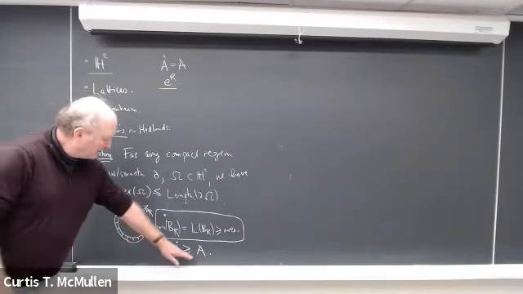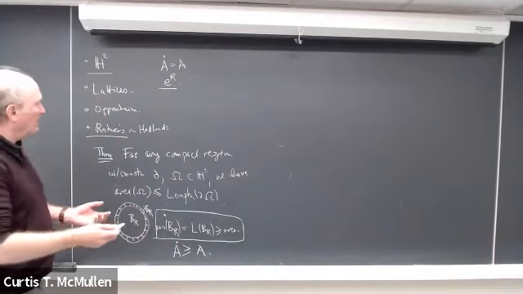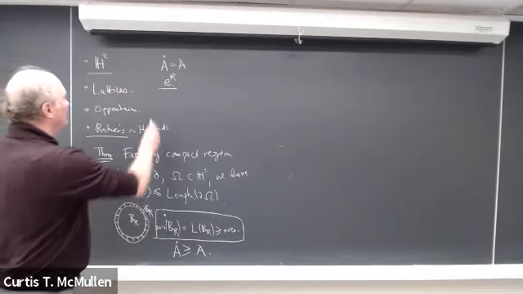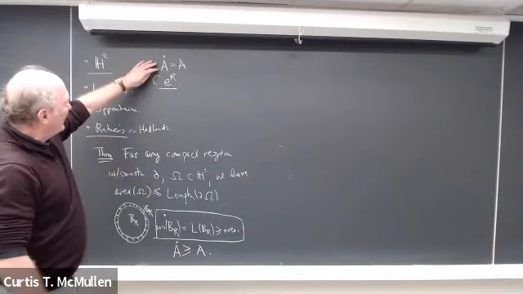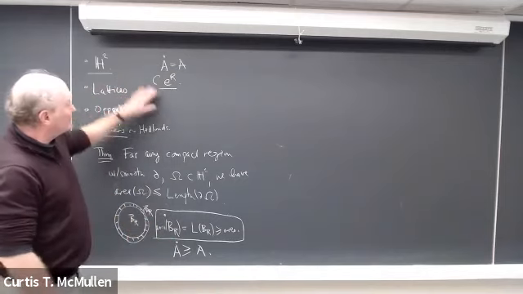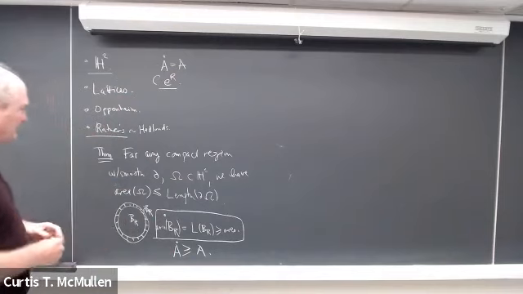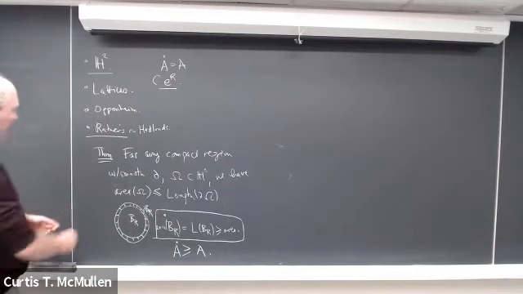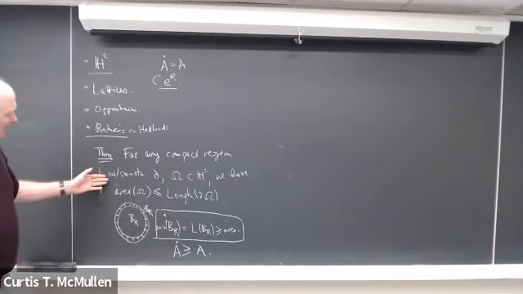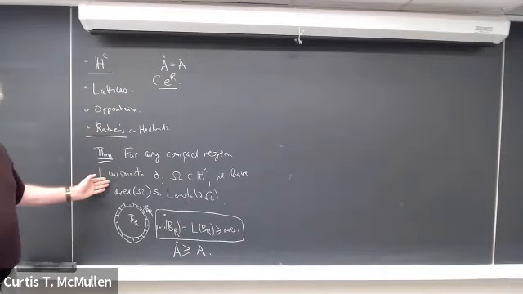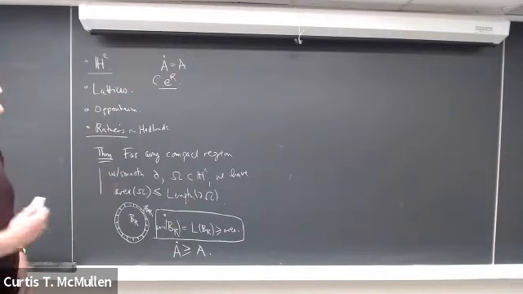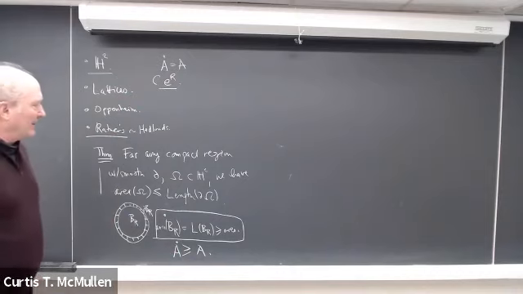So if A dot were equal to A, the area would grow like a constant times e to the r. Since A dot is greater than or equal to A, it grows at least exponentially fast. And so this theorem captures one of the mechanisms of exponential growth in the hyperbolic plane.